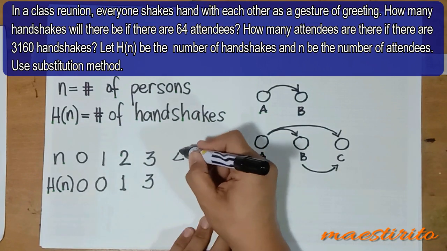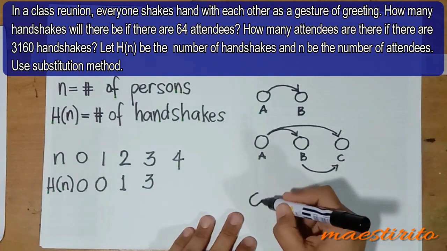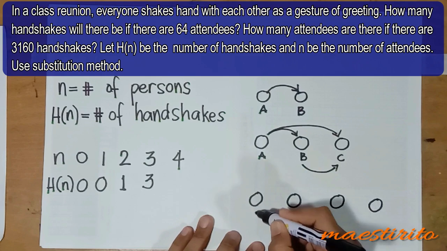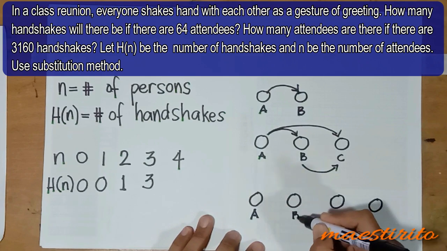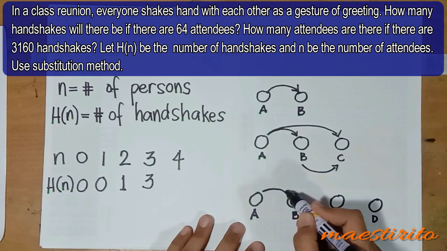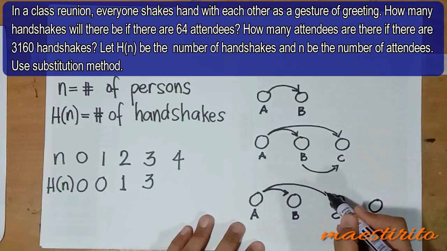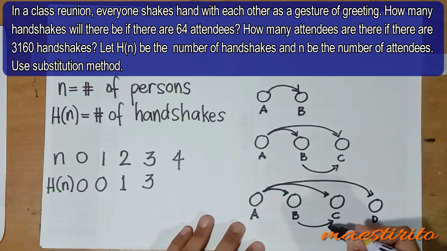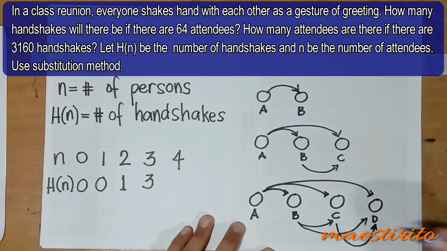Now, if there are 4 persons, let's say person A, B, C, D. So A to B, A to C, A to D, B to C, B to D, and then C to D. So how many handshakes? 1, 2, 3, 4, 5, 6 handshakes.